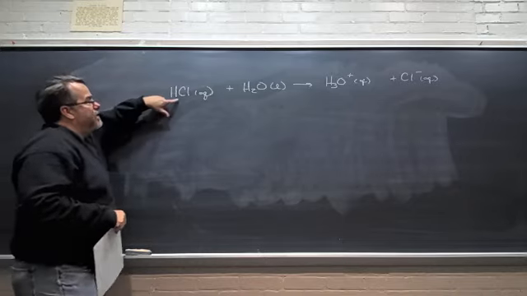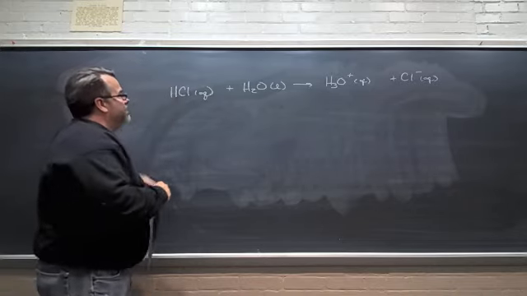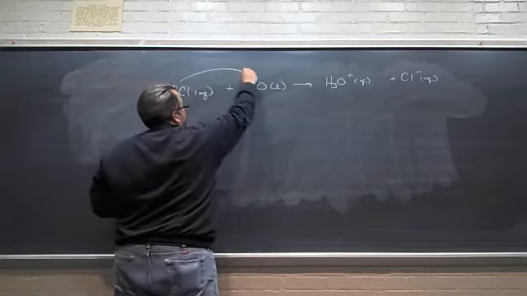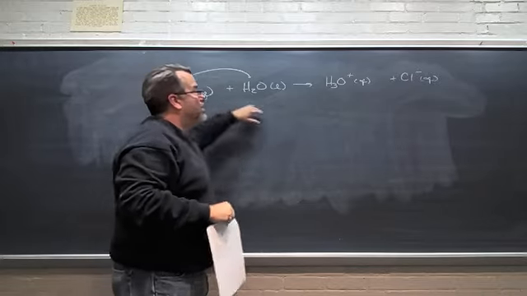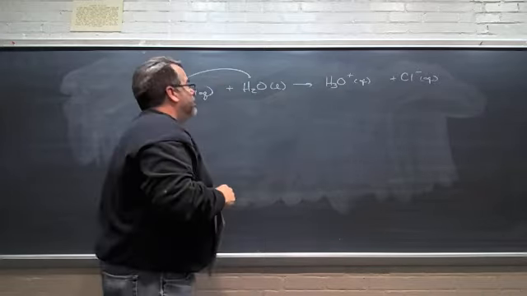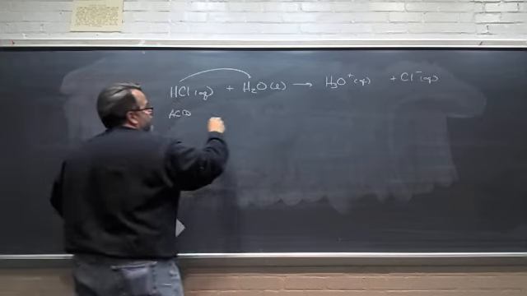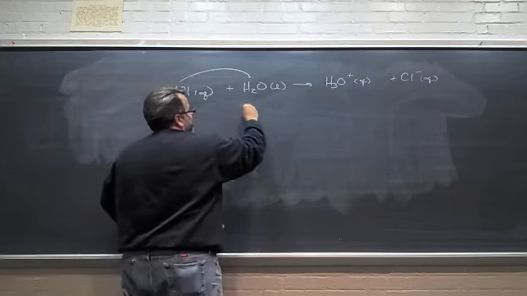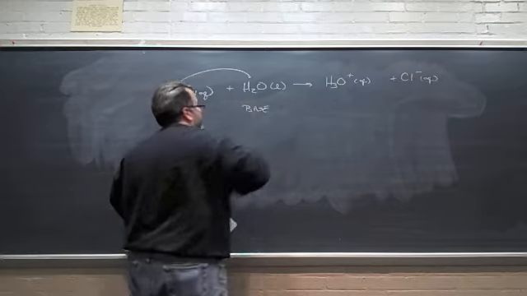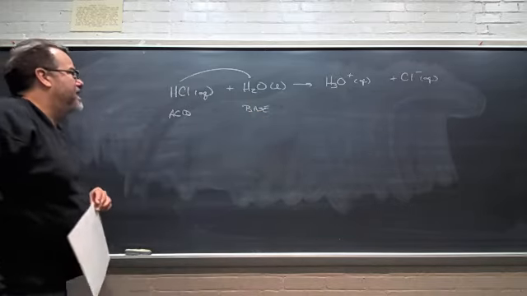So in this case, the hydrochloric acid is donating its proton to the water molecule to make H3O+. So this is acting as a proton donor, that's the acid. This is acting as our proton acceptor, and that's the base.